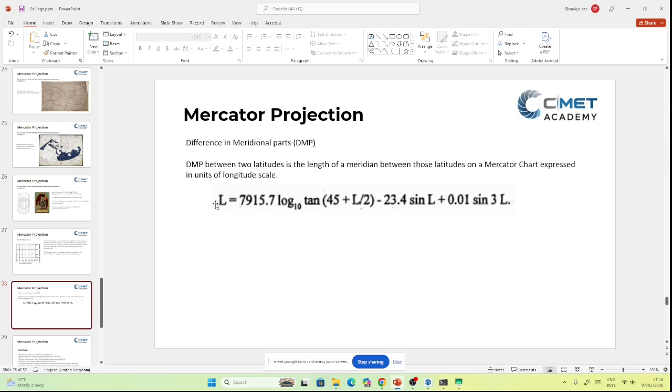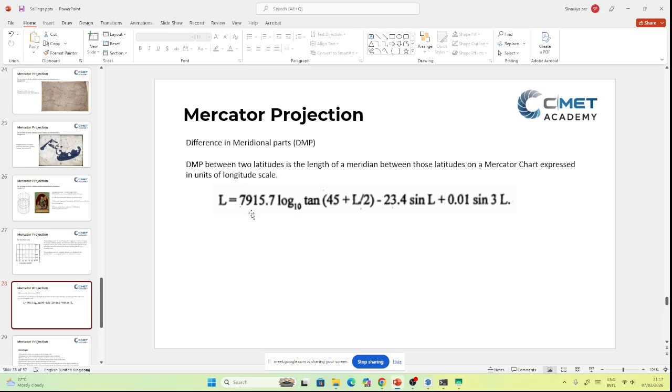Forget about the mathematics. This is basically to find out the meridional part using a formula, and if you're good in computers, you can insert this formula into an Excel sheet and find out the meridional part. But there will be a very slight error compared to your Norie's nautical tables meridional parts.